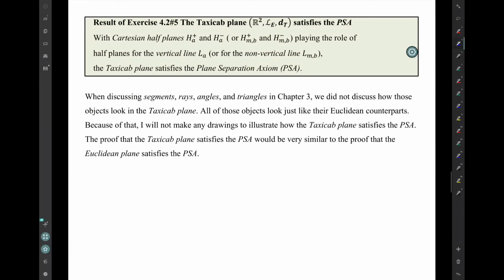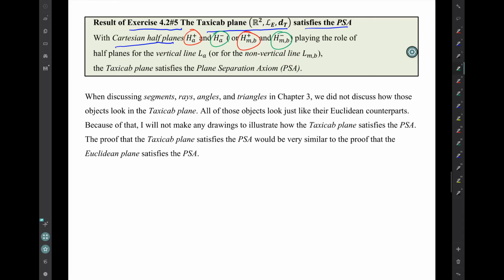Now it is a result of exercise 4.2, number 5, that the taxicab plane satisfies the plane separation axiom. Now the exercise doesn't mention specifically the half planes that you would use, but that's why I referred to the half planes in these notes as Cartesian half planes. Those symbols, h subscript a plus and h subscript a minus and h subscript m,b plus and h subscript m,b minus, I called Cartesian half planes.